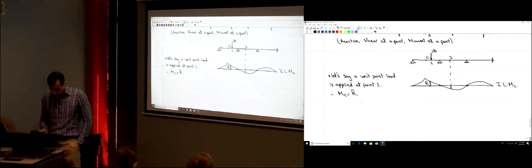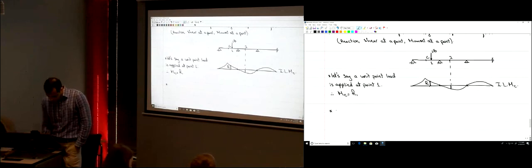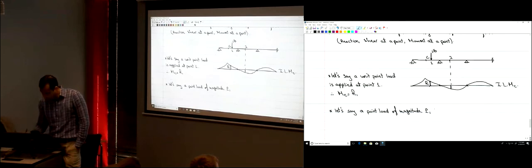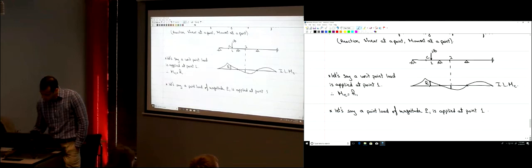Let's say now a point load of magnitude P1 is applied at point 1.